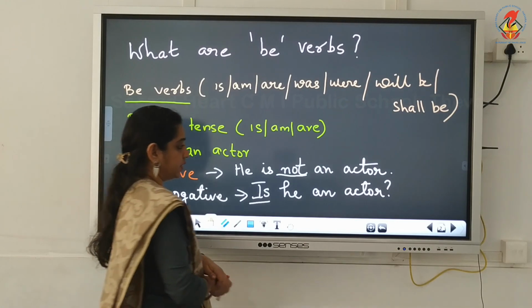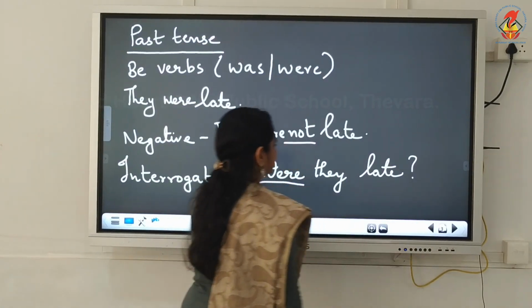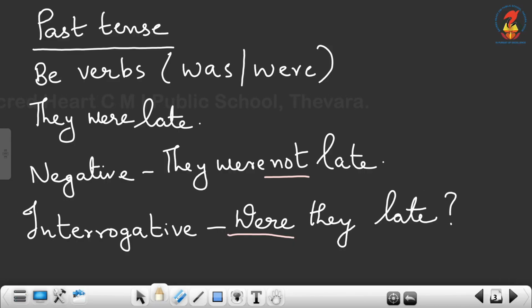Okay. Now let us move to the next one. The next one is past tense. Which all be verbs are used in past tense? Was and were, is it? Now, see, they were late. This is the be verb. They were late. And you can make it negative. How you can make it negative? By adding not. They were not late. Now, come to interrogative.